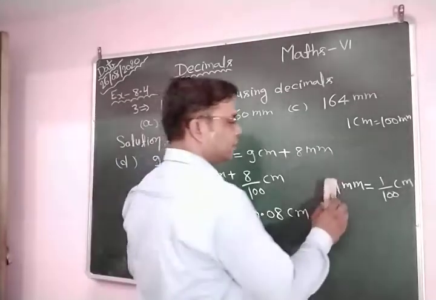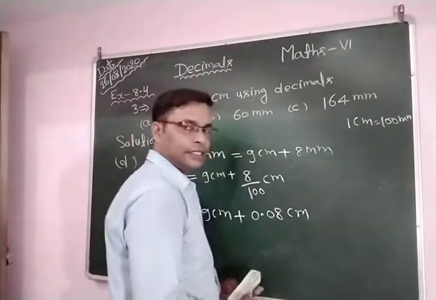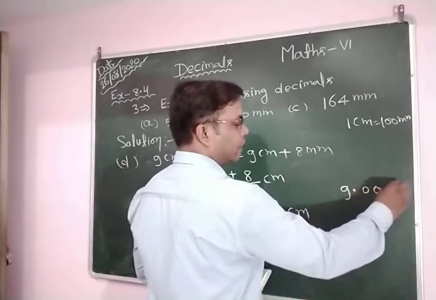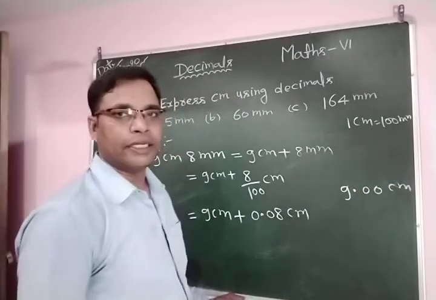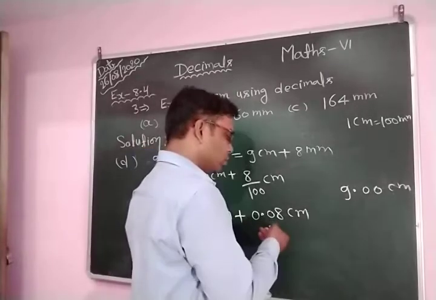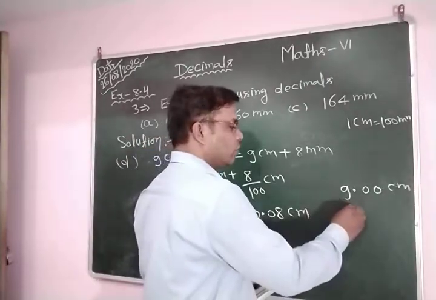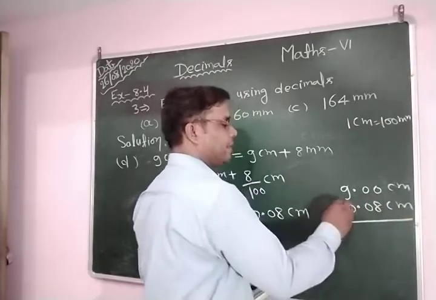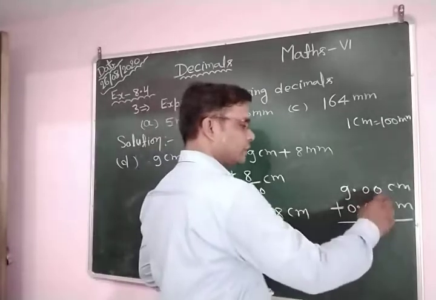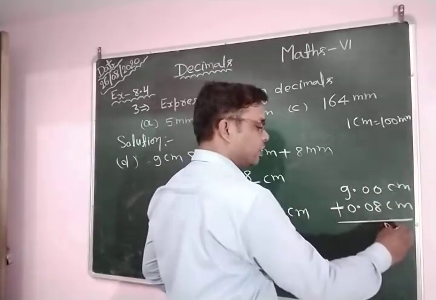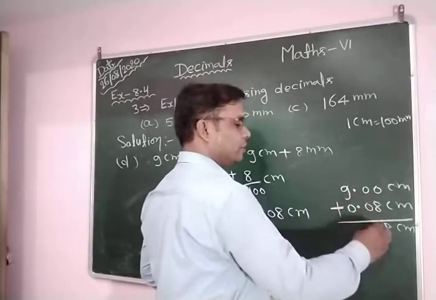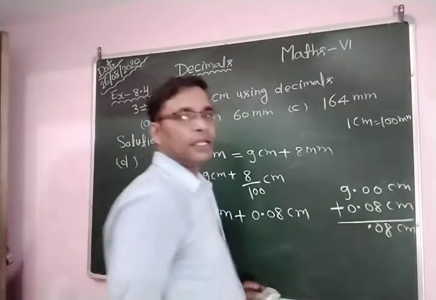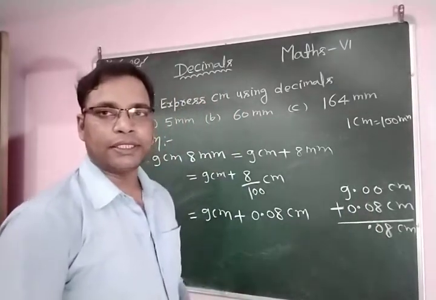You can write 9 centimeter as 9.00 centimeter, and add 0.08 centimeter. 0 plus 8 is equal to 8, 0 plus 0 is equal to 0, then the decimal point, and 0 plus 9 is equal to 9.